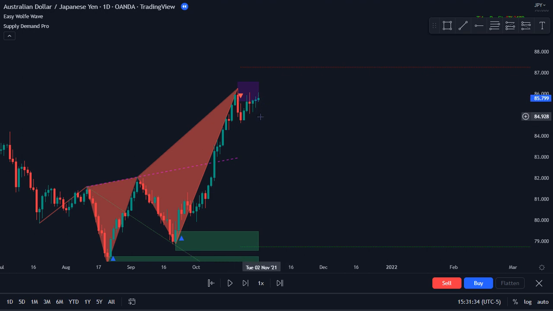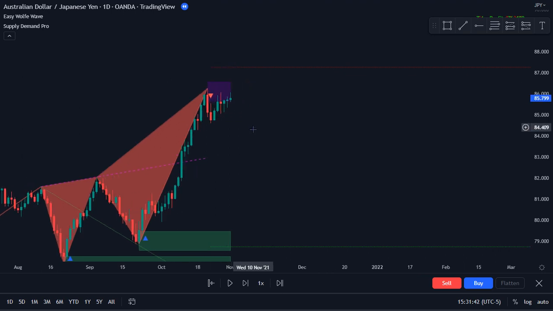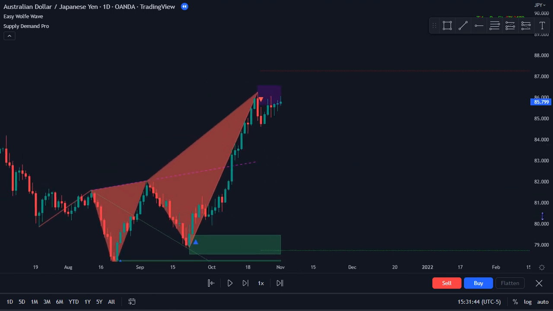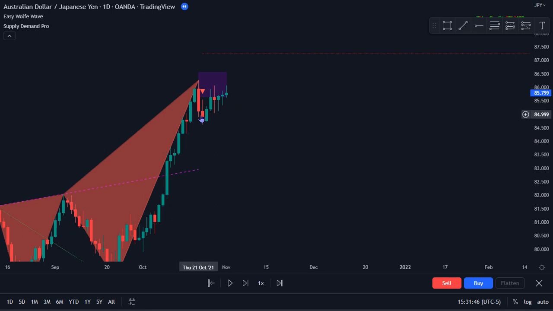And so this is going to be the first way that we're going to use this, is right near the peak of the Wolfe Wave pattern. We're going to look for supply zones to form.